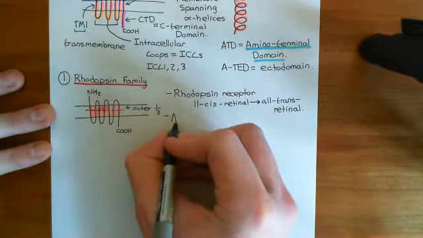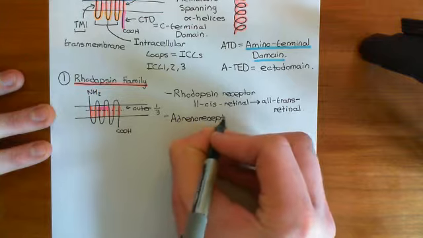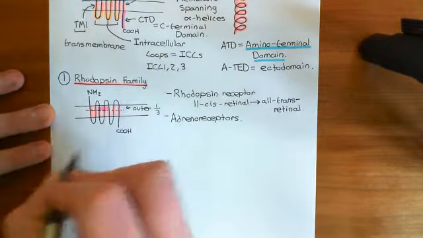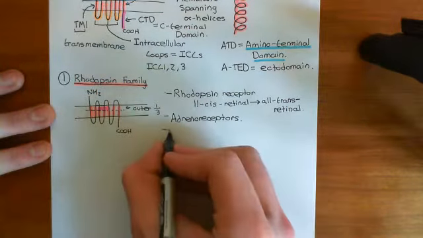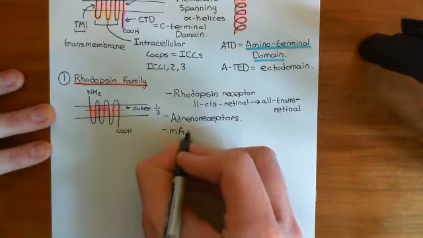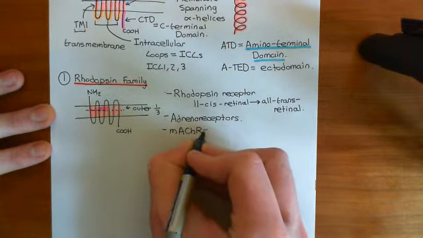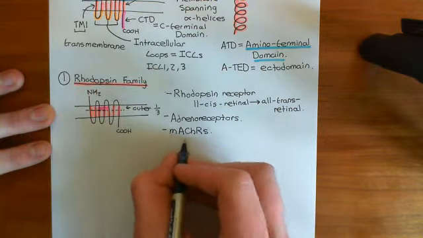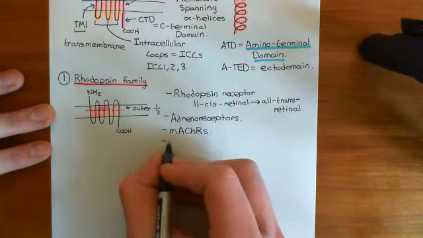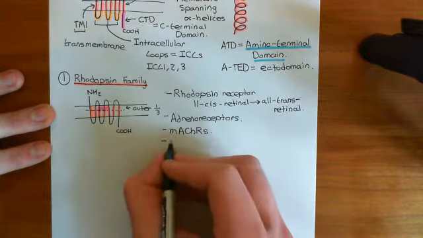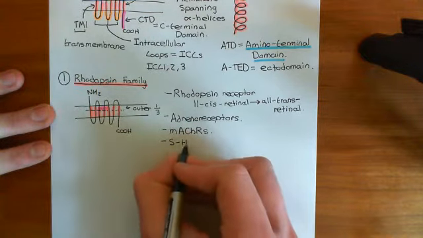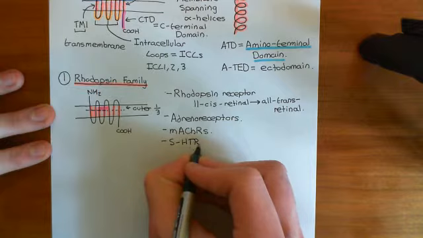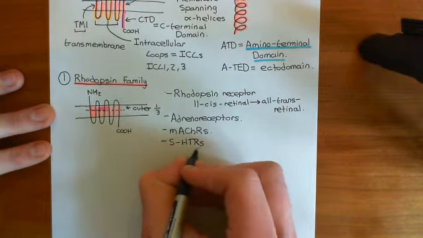Other famous examples are, for instance, the adrenoreceptors. So all of the receptors for adrenaline and noradrenaline are rhodopsin family G protein coupled receptors. The muscarinic acetylcholine receptors are also rhodopsin family G protein coupled receptors. The histamine receptors and the serotonin receptors are all rhodopsin family G protein coupled receptors, at least most of the serotonin receptors.